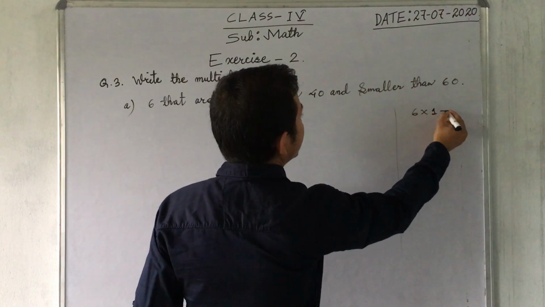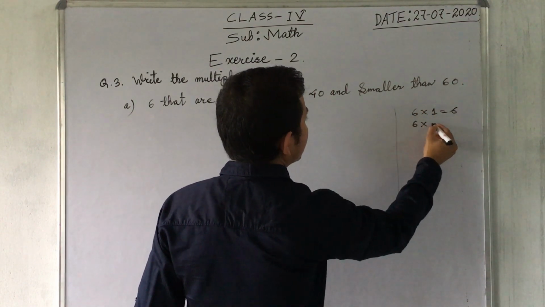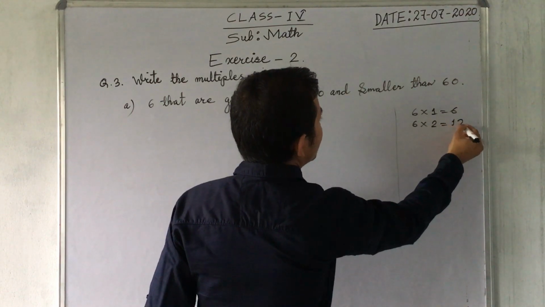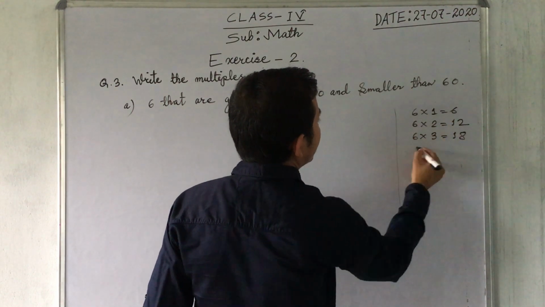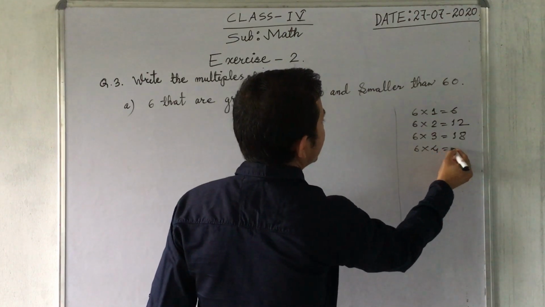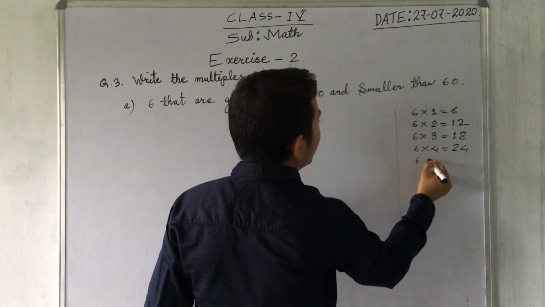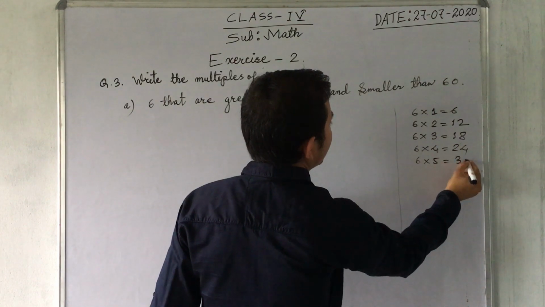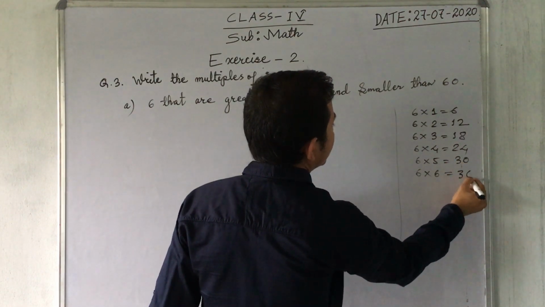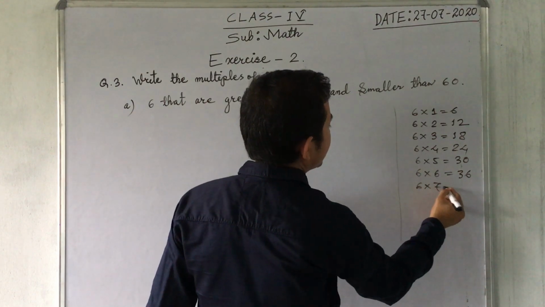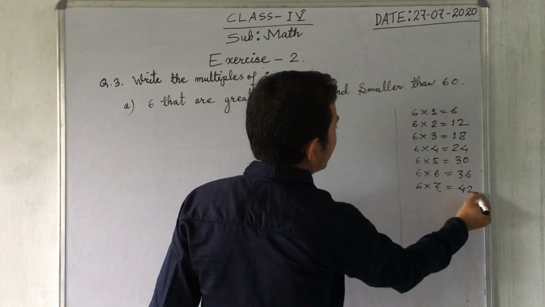1 times 6 is 6, 2 times 6 is 12, 3 times 6 is 18, 4 times 6 is 24, 5 times 6 is 30, 6 times 6 is 36, 7 times 6 is 42.